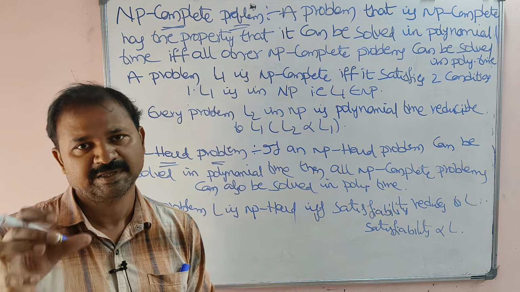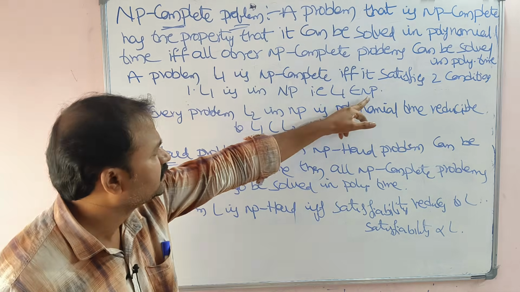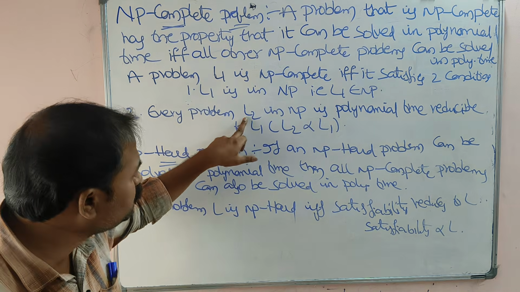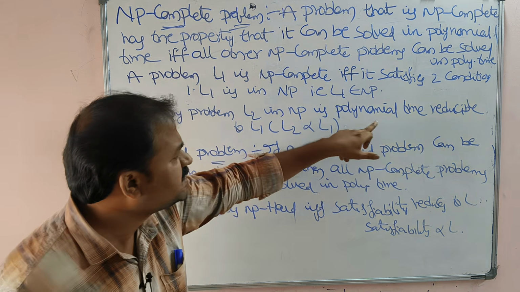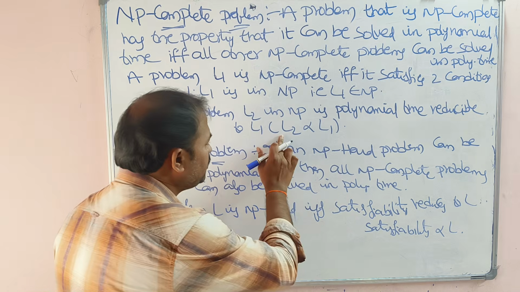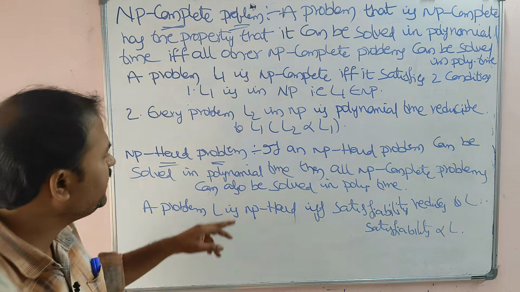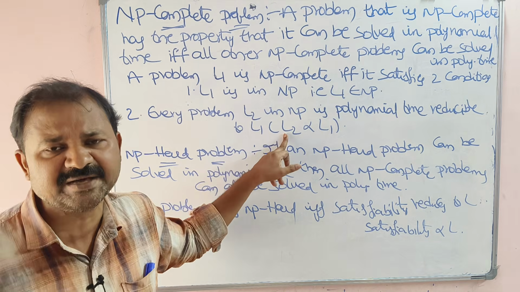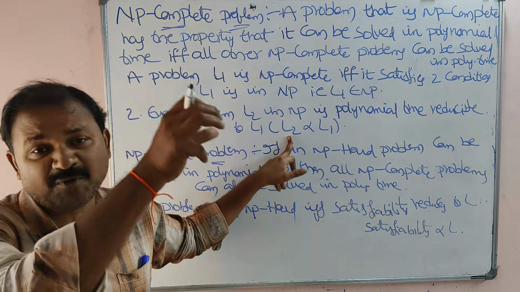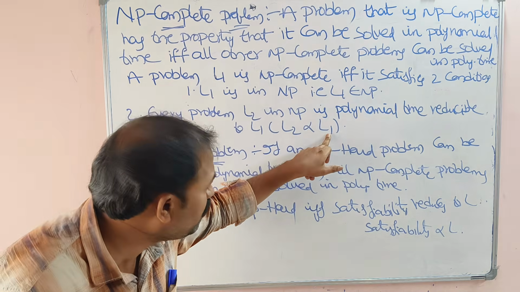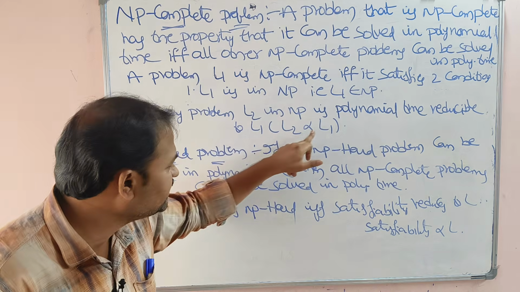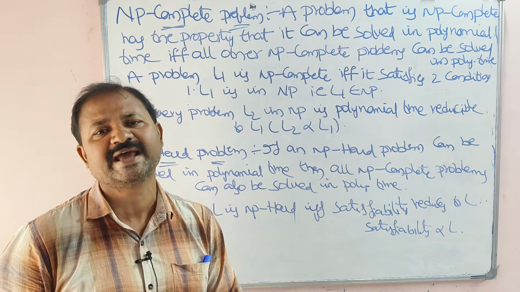So that problem must belong to the NP class. Second, every problem L2 in NP is polynomial time reducible to L1, that is L2 reducible to L1. That means we have an algorithm to solve L2 in polynomial time. Then with the help of the same algorithm, we can solve the L1 problem also in polynomial time. So we can say that L2 is reducible to L1.